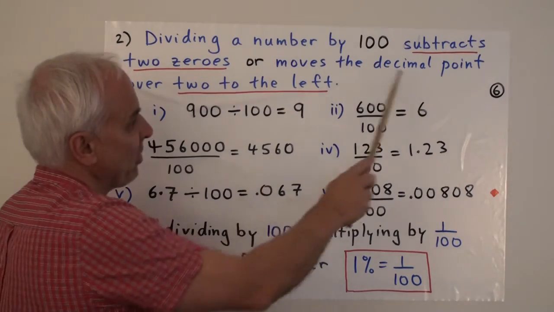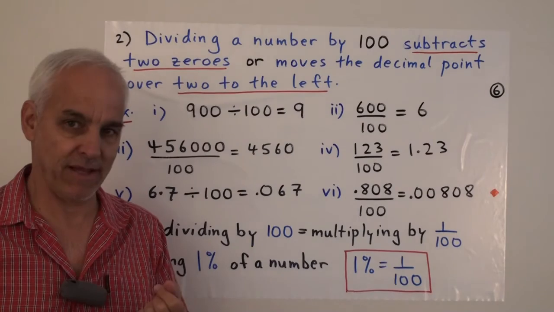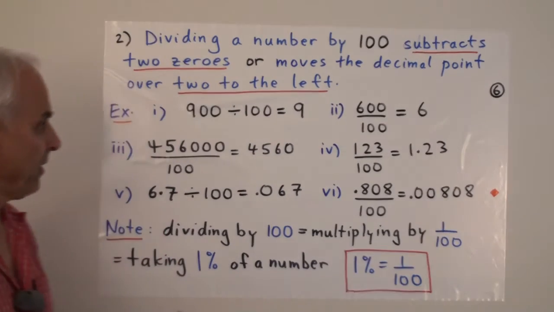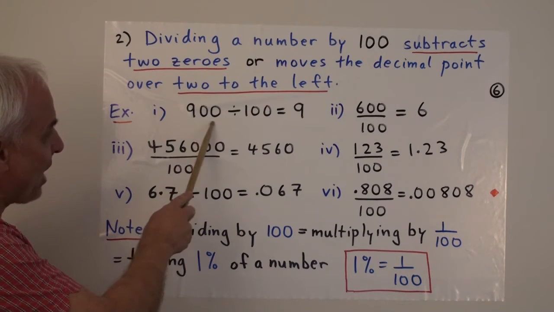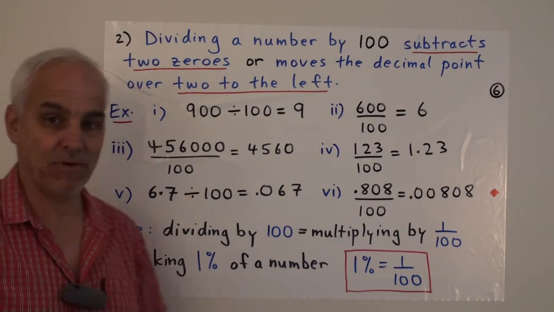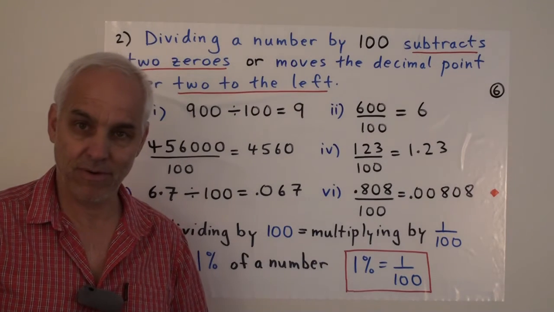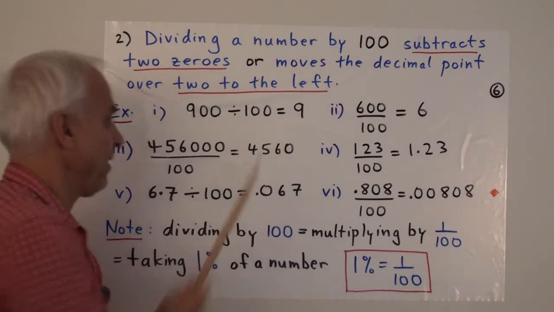The second description is really the more fundamental one. It's really what happens to the decimal point that's the important thing. So the first example, 900 divided by 100. In this case, there are a couple of zeros at the end of the number. If we divide by 100, we get 9.